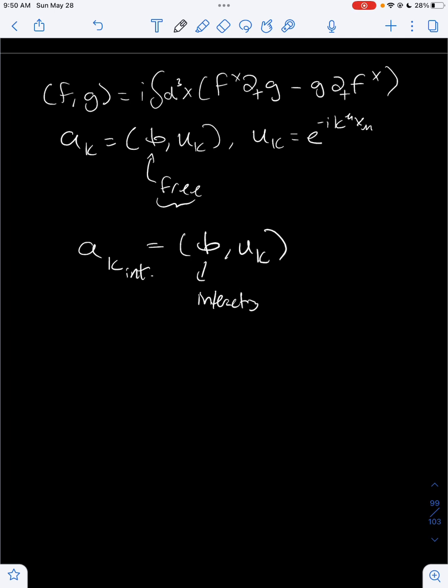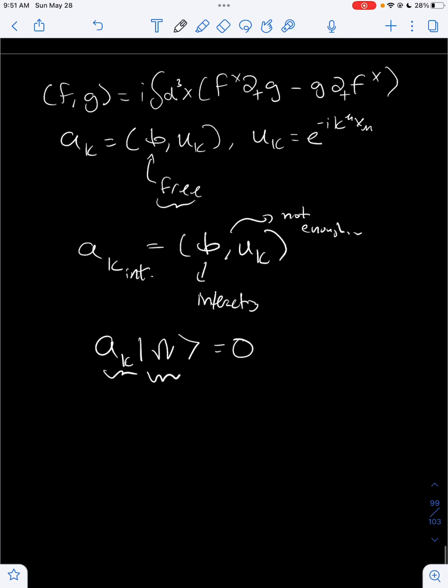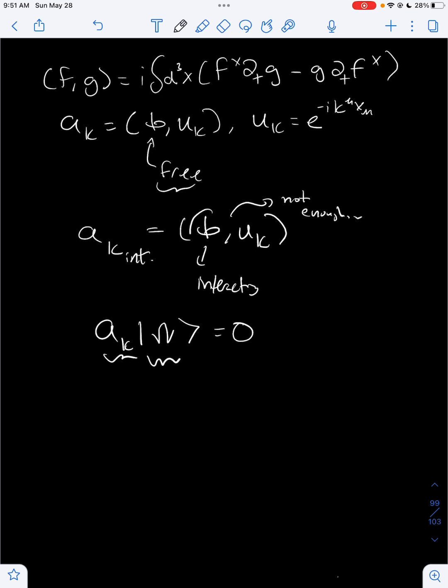So maybe by replacing the free field with the interacting field in the Klein-Gordon inner product, we can actually have an interacting annihilation operator that will act on the interacting vacuum and give us 0. There are some problems though, because we have the interacting field that we're plugging in here, and the interacting field does not have a very nice form.